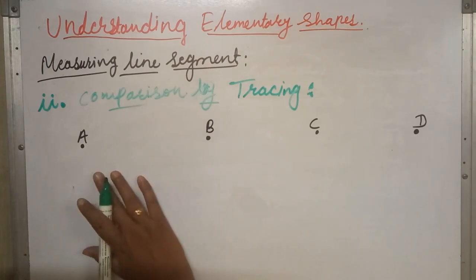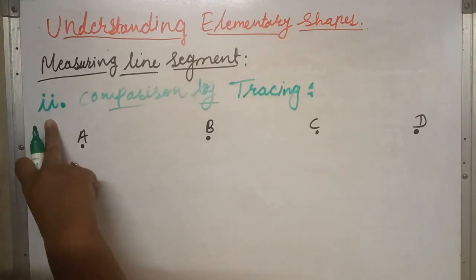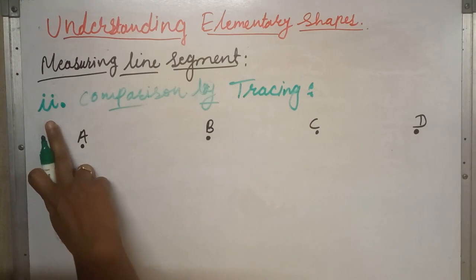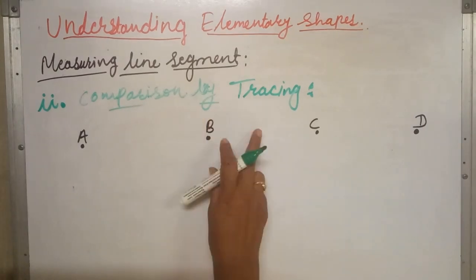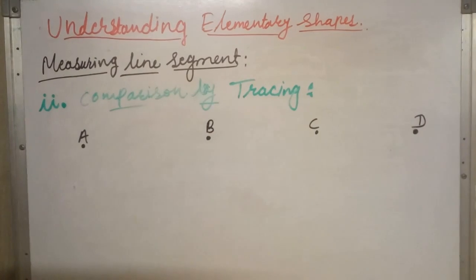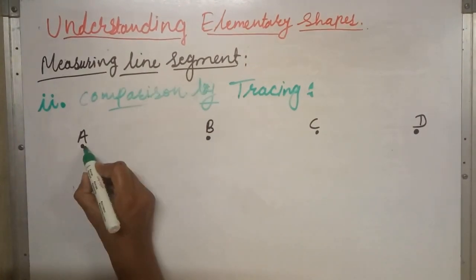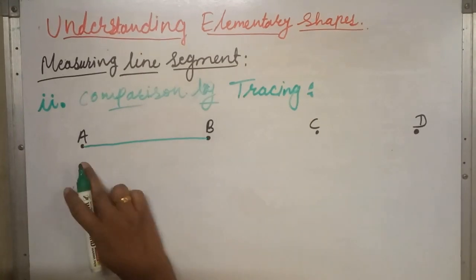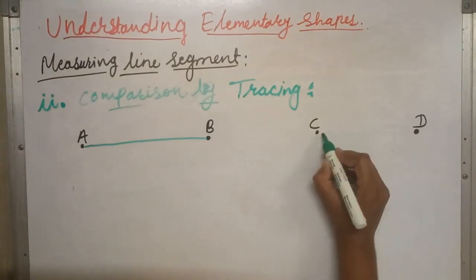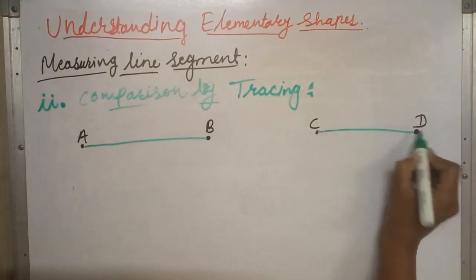So for that, now we'll observe the second type of comparison, comparison by tracing. Let us see whether it will work or not. I have taken 2 points and I'll join them, so I get line segment AB here, and this is line segment CD.